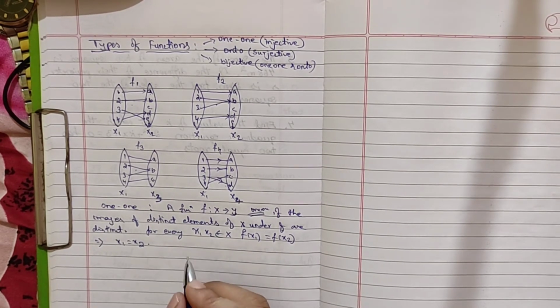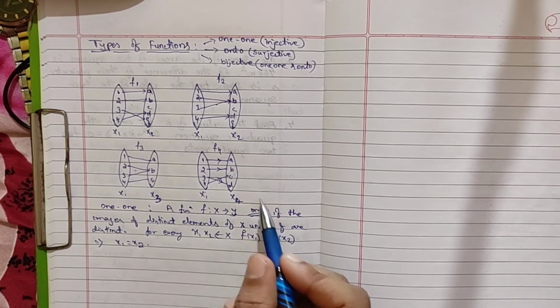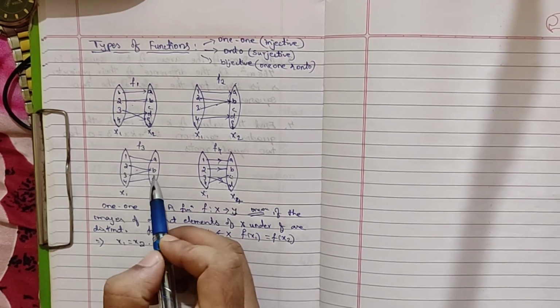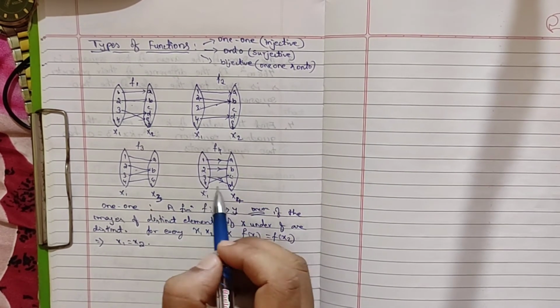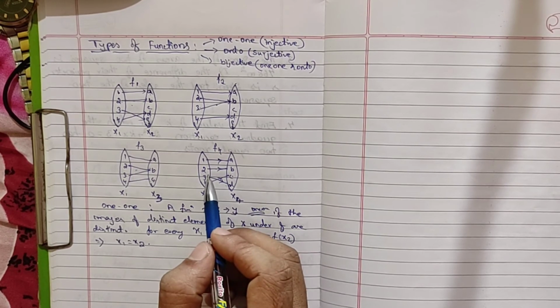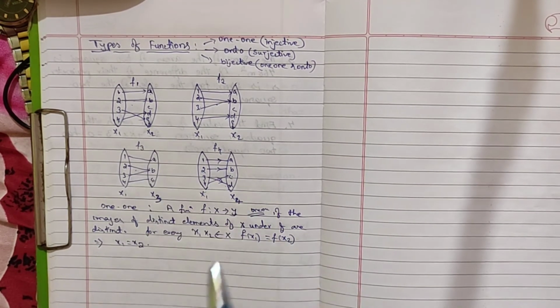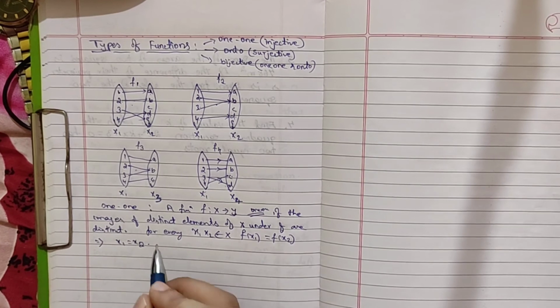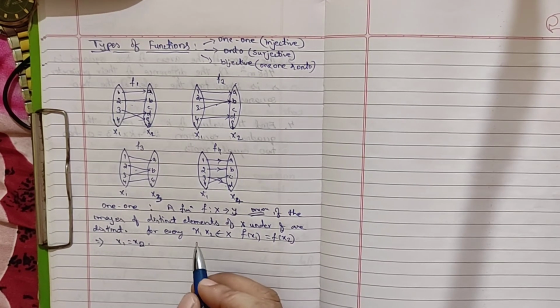Otherwise that function is called many-one. So this is many-one, and this also many-one. This is one-one, and this also one-one.